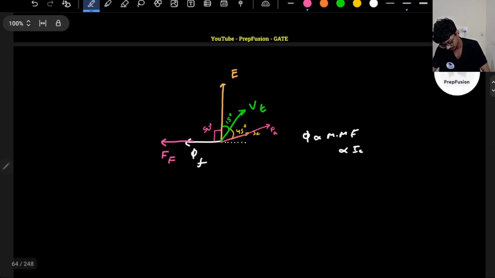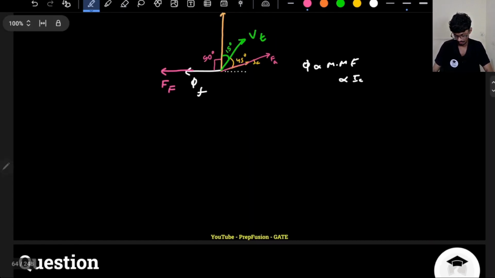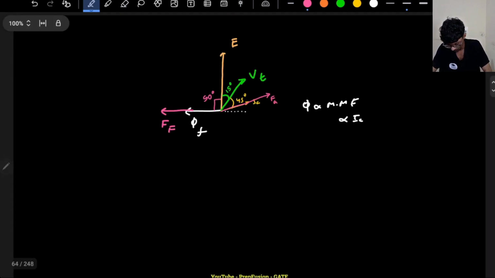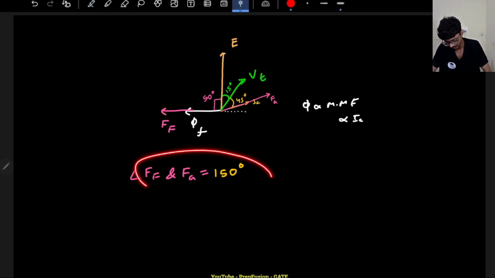So the angle between FF and FA is equal to 150 degrees.